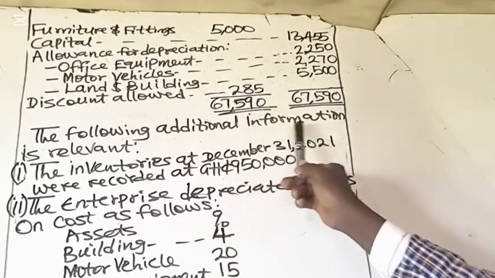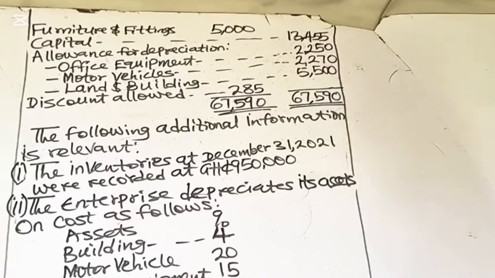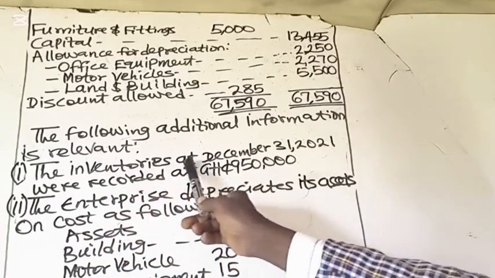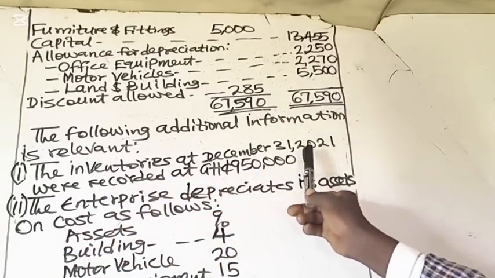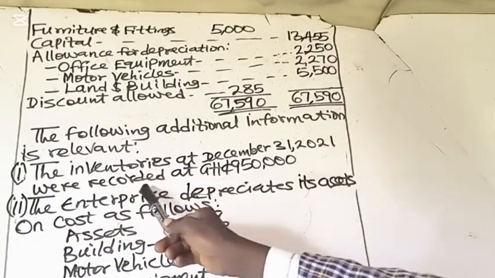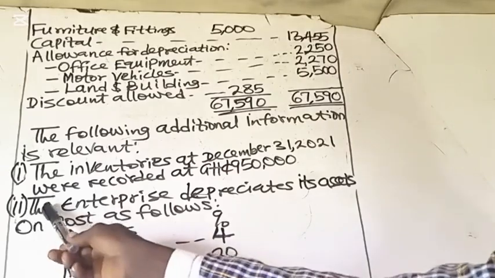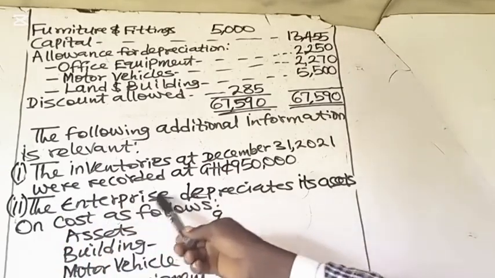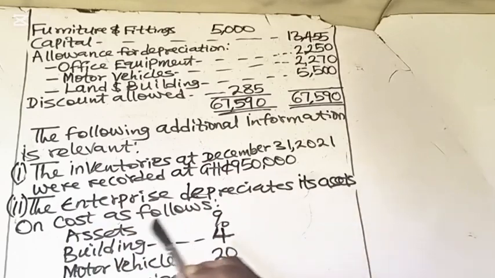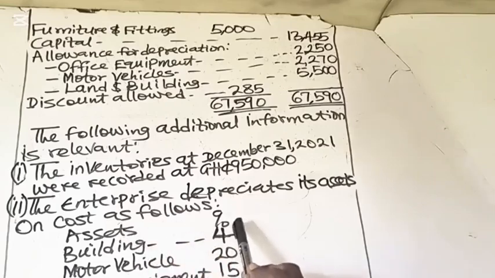The following additional information is relevant. 1. The inventories at 31st December 2021 were recorded at 950,000 Ghana cedis. Note 2. The enterprise depreciates its assets on cost as follows. Assets and the percentage.